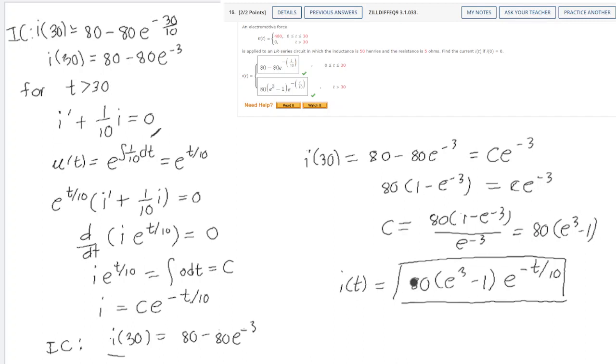Now I is equal to 80 (e cubed minus 1) e to the negative t over 10. This comes from here, our c, and here, e to the negative t over 10. That's why for t greater than 30, this is our equation. And that's it.